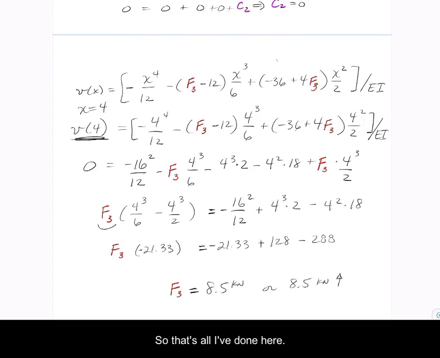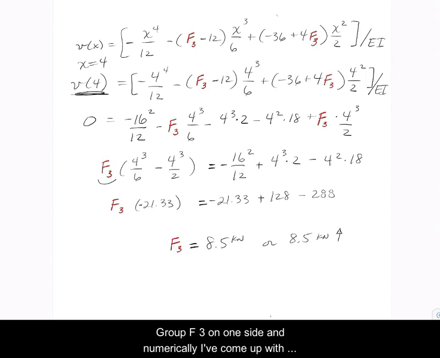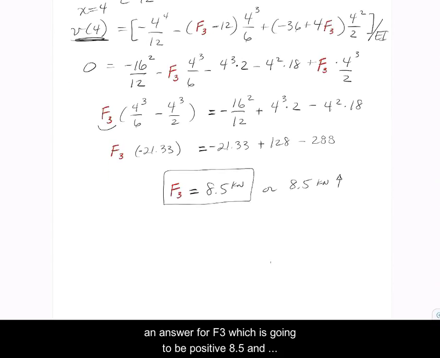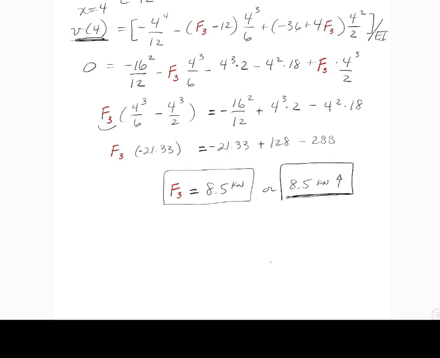So that's all I've done here, is I've just simplified the math a little bit, grouped F3 on one side, and numerically I've come up with an answer for F3, which is going to be positive 8.5, and that relates back to my free body diagram where I had F3 going in the upwards direction. So I now have F3 defined as 8.5 kilonewtons up.